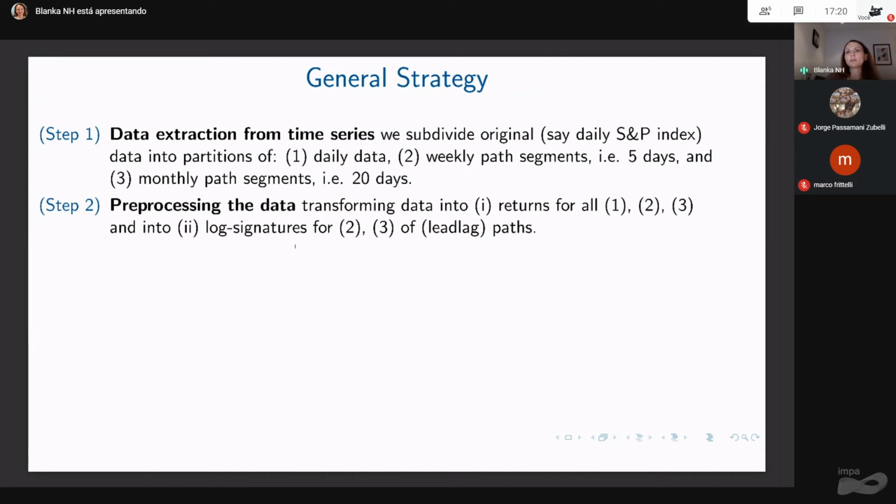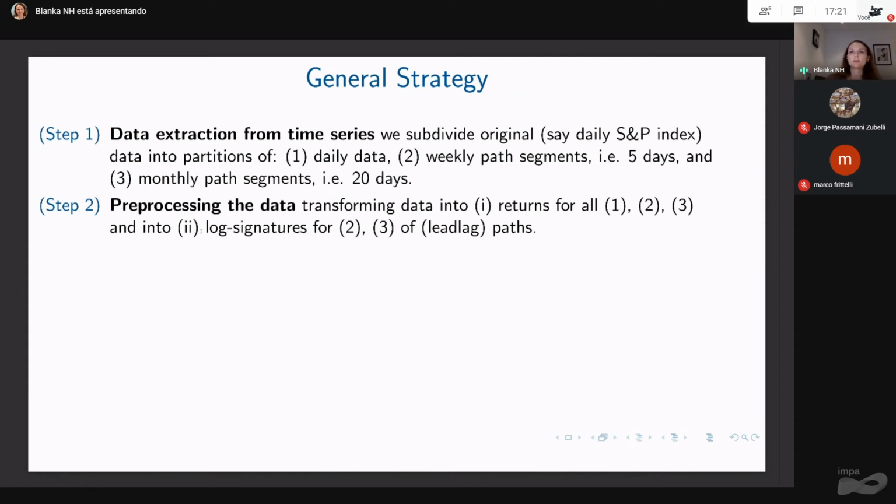And on the right-hand side, we will do this in the pathwise manner by signatures. Or to be more precise, we will use log signatures for the reason that it's even more efficient regarding the training, and for the reason that log signature space is a linear space, and therefore outputs of the generator will remain in this space.